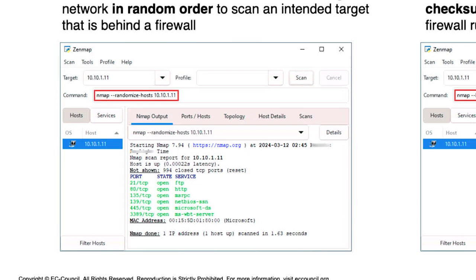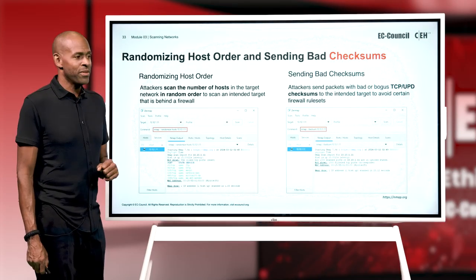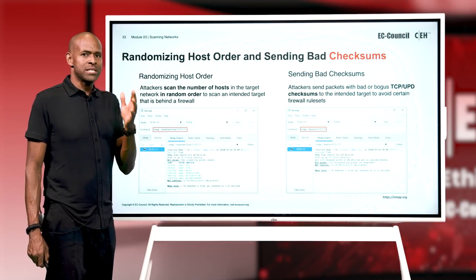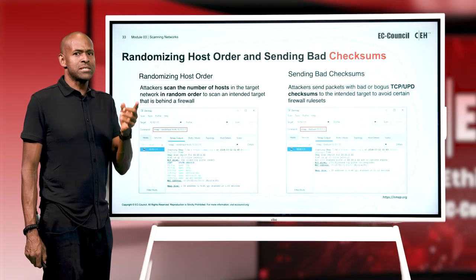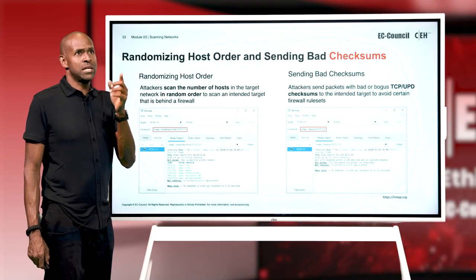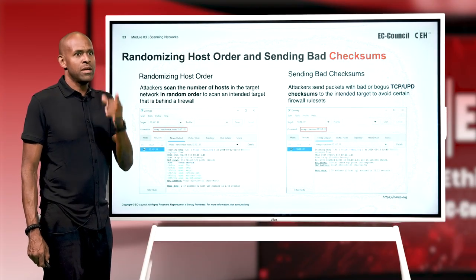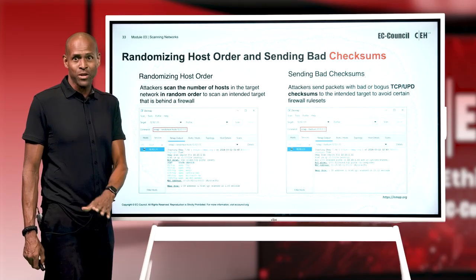It's --randomize-hosts. Why would I do that? Imagine that you are a firewall and you see that there is an outside IP address that's tickling IP address 10.10.10.1, 10.10.10.2, 3, 4, 5, 6 sequentially, right?